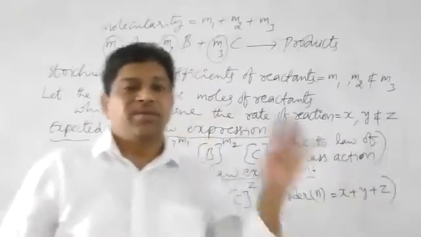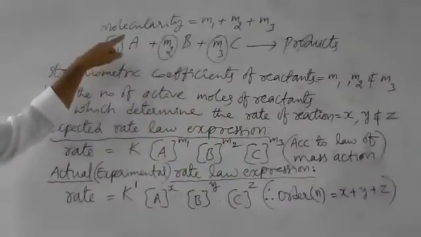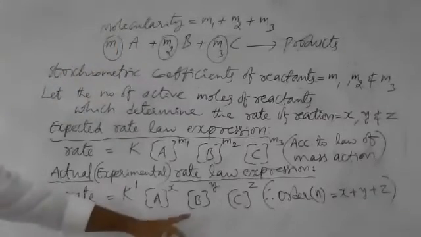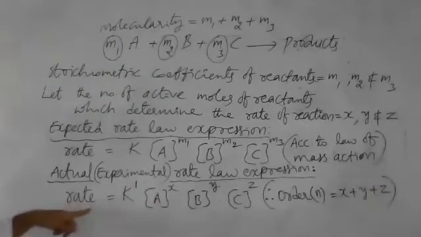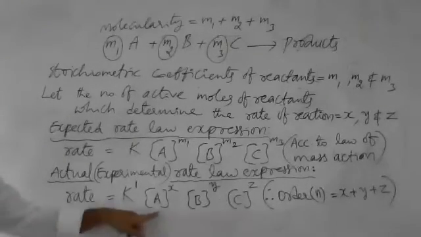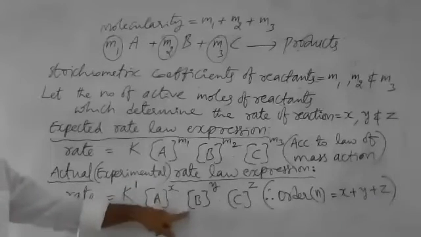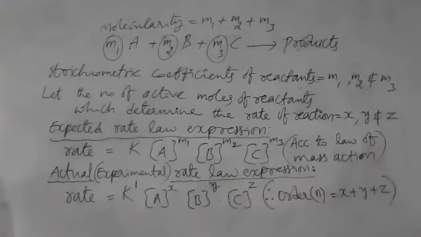Now, for this given example, what is the molecularity value? M1 plus M2 plus M3. What is the order of reaction? X plus Y plus Z. What is the rate law expression? Rate is equal to K dash, the rate constant under experimental conditions, times concentration A power X, concentration B power Y, concentration C power Z. X, Y, Z are the number of active moles in the given equation.